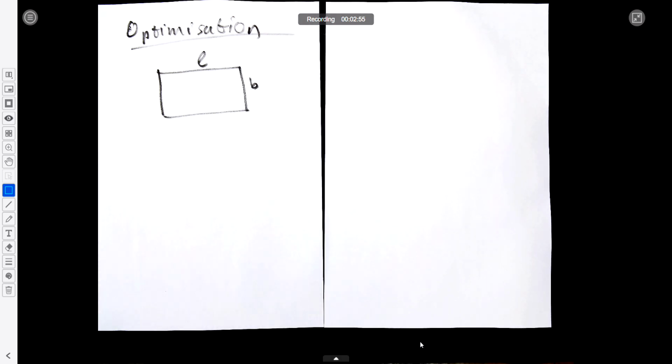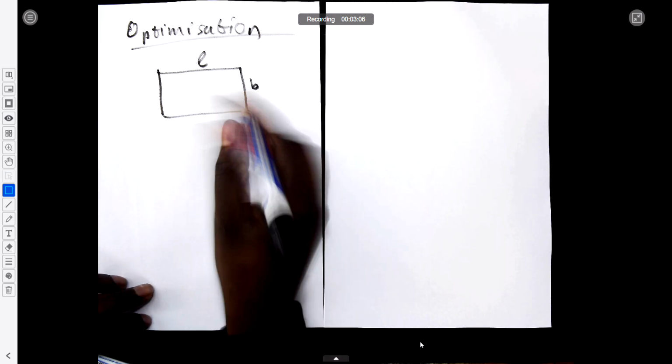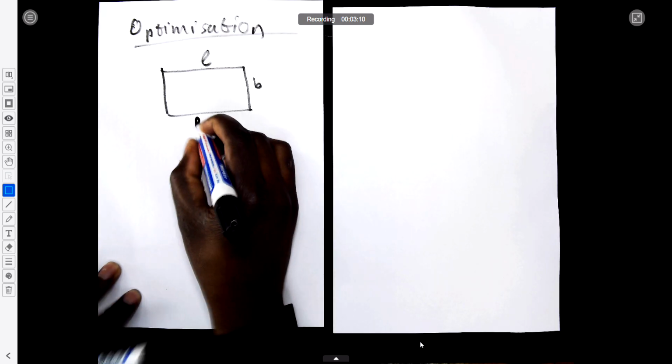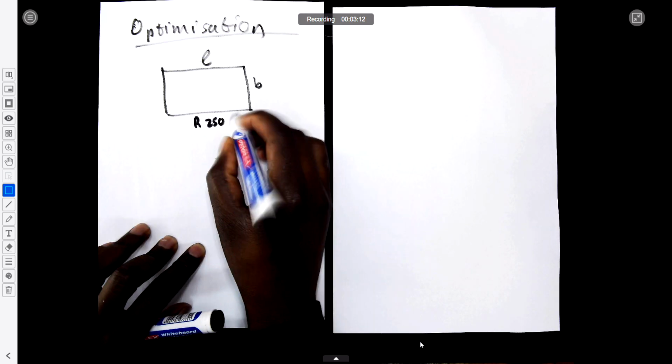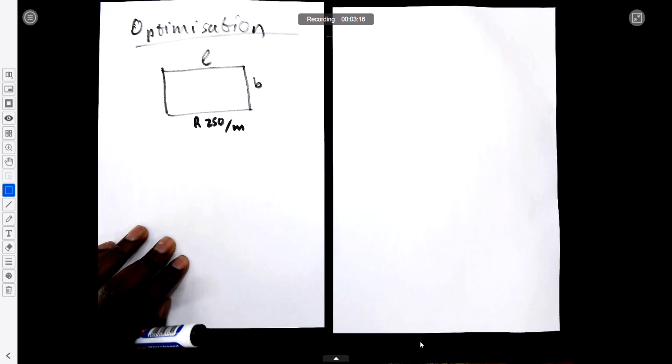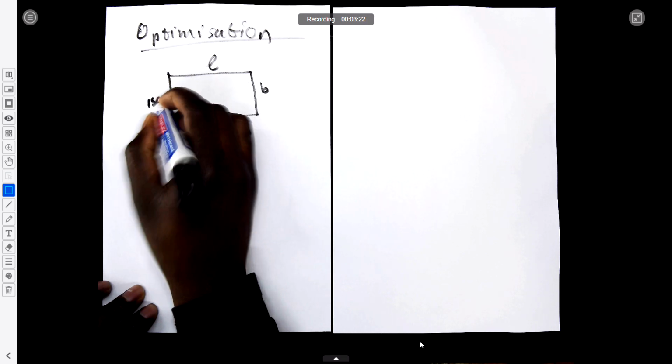So the first thing that we have to do, so we know that one side needs to cost a certain amount per meter. So let's say we can assume maybe one side is this one. So it must cost, let's say, 250 rands per meter. And then it says that the other side needs to cost 150 rands. So we know that it means that this side must cost 150.